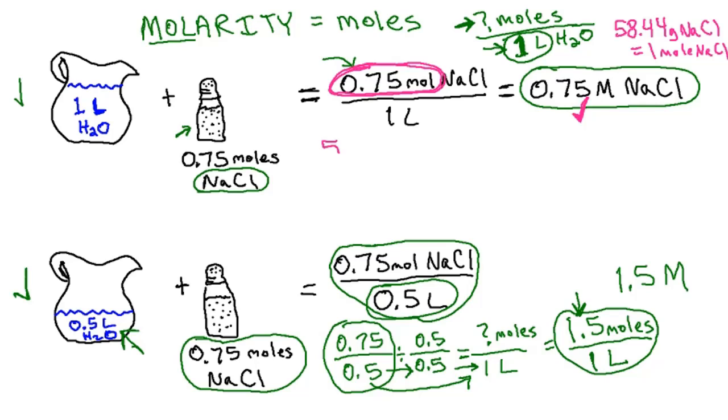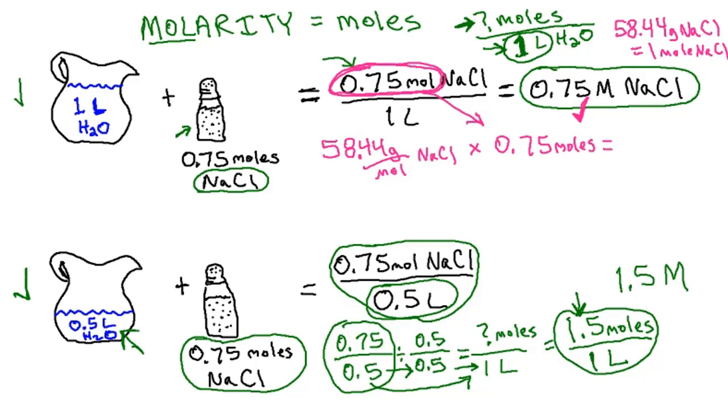Well, we have to take our 58.44 grams per mole of sodium chloride, and multiply that by the 0.75 moles that we have.